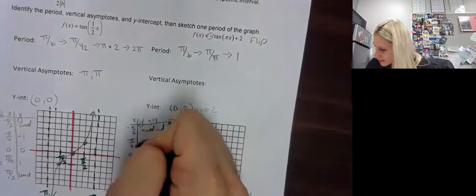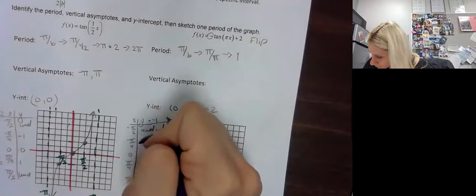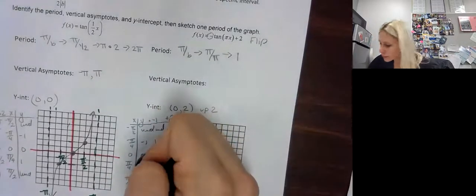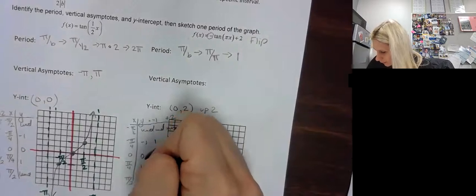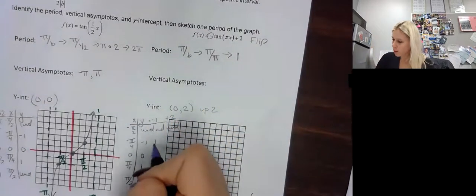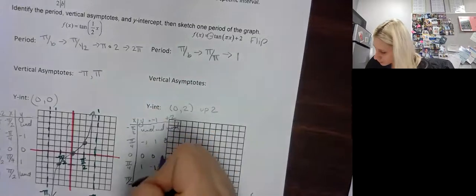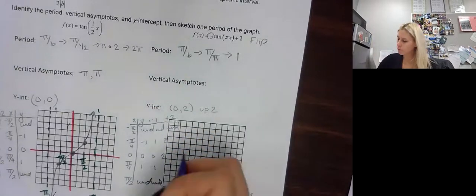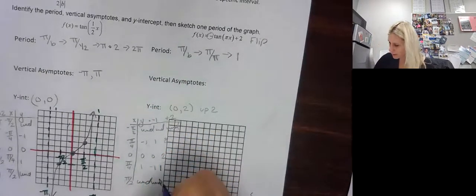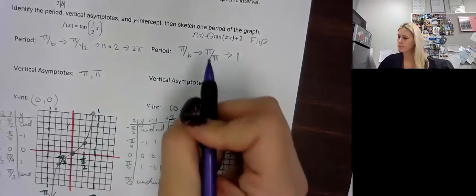And then I have this plus 2. Undefined plus 2 is still undefined. 1 plus 2 is 3. 0 plus 2 is 2. Negative 1 plus 2 is 1. And undefined stays.